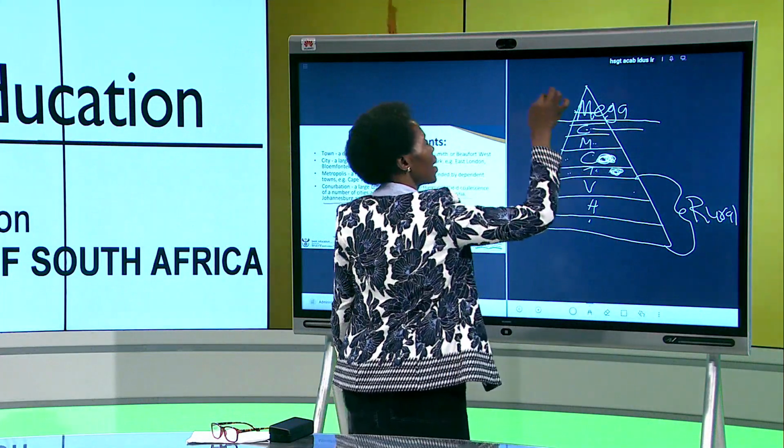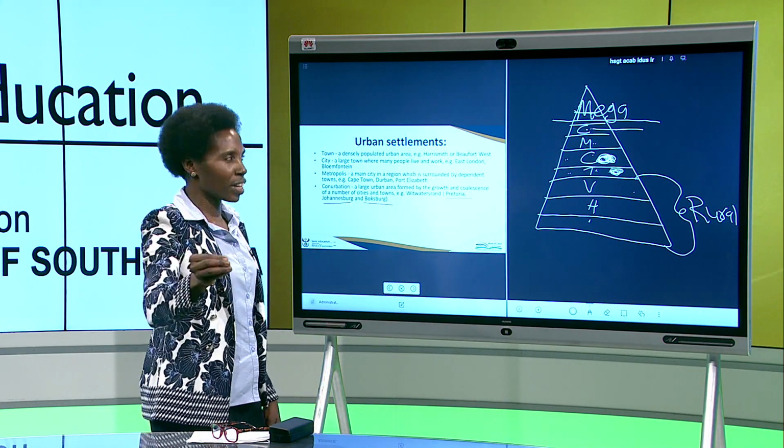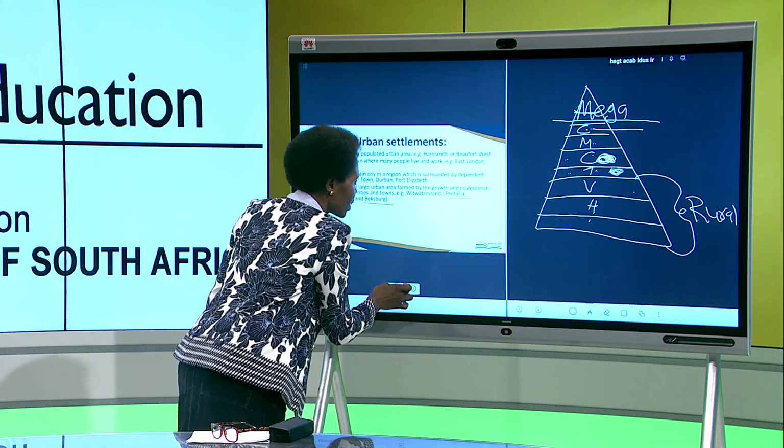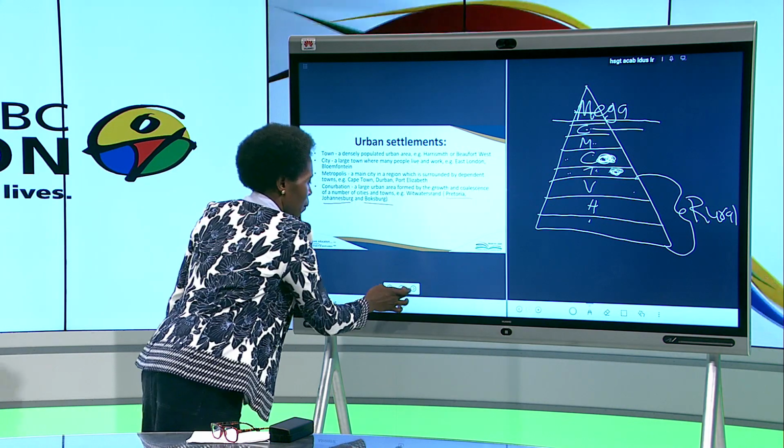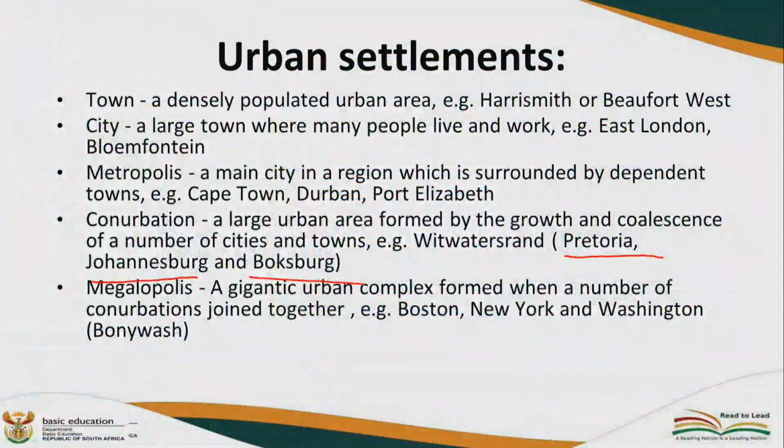But with megalopolis, we don't have an example of that here in South Africa. Okay, what is megalopolis? Megalopolis is a very big urban complex formed when a number of conurbations join together. So this one is made up of many conurbations joined together.